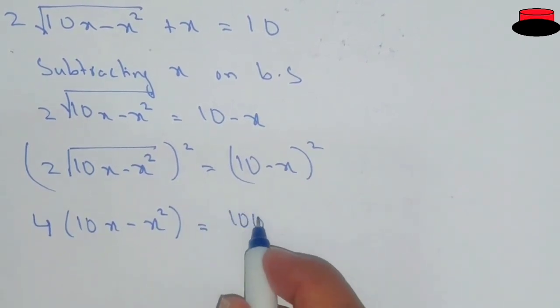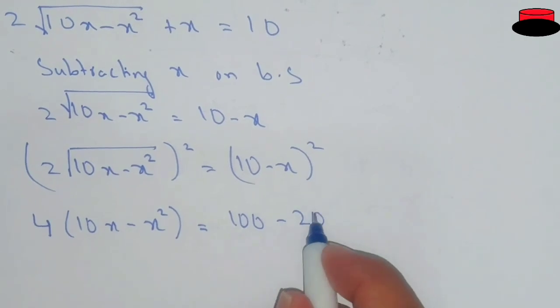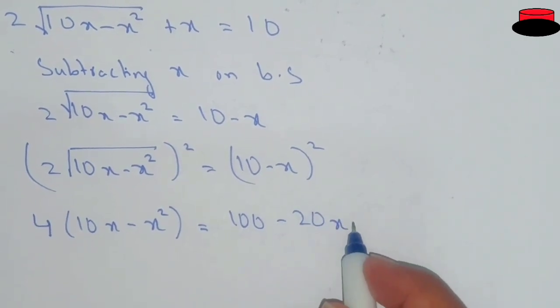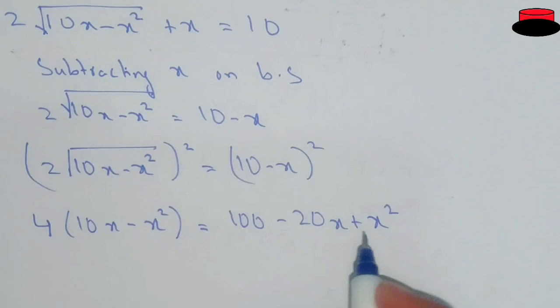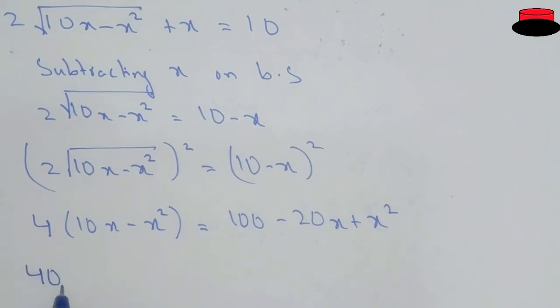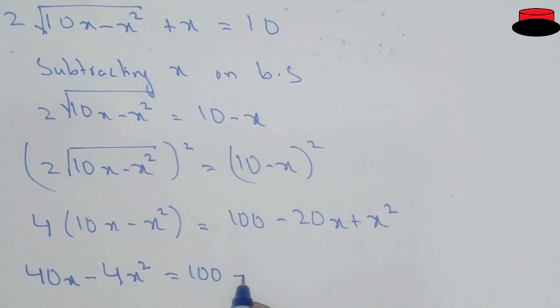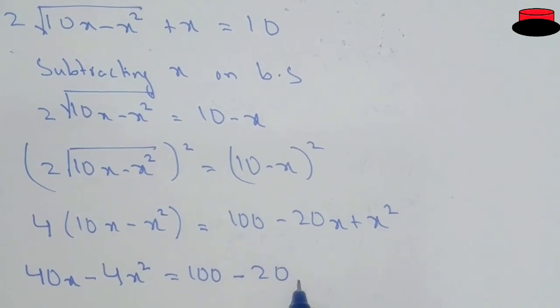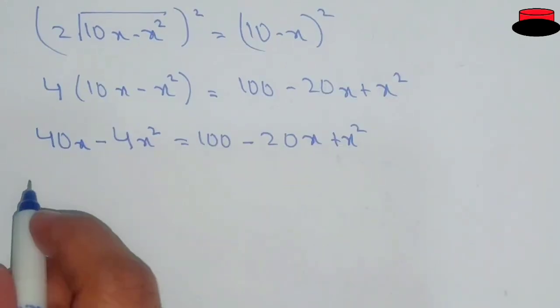so we will apply the formula a square minus 2ab plus b square. So that is 10 square 100 minus 20x plus x square. 4 into 10x, that will be 40x minus 4x square equal to 100 minus 20x plus x square.